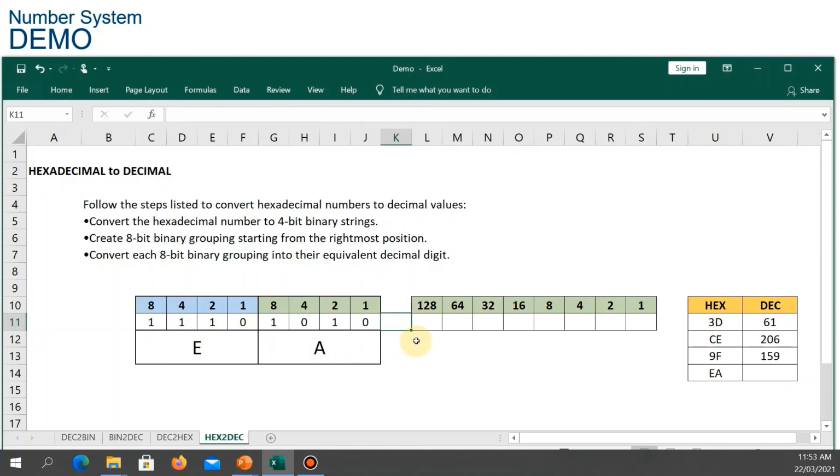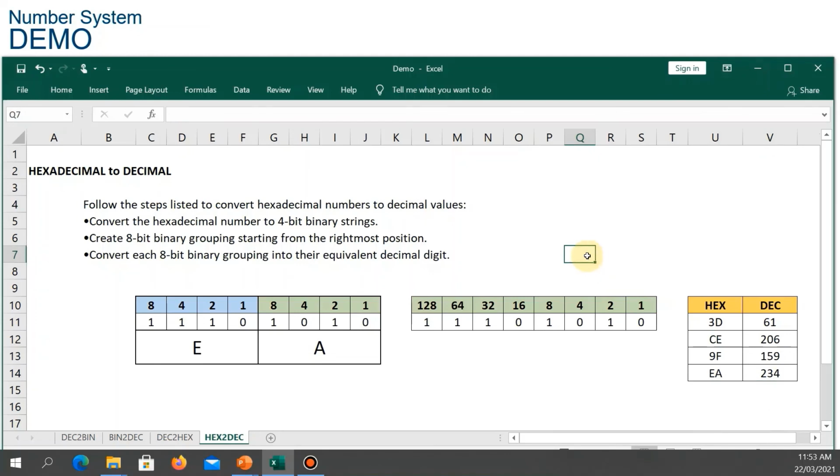Now the 8-bit equivalent would be 1, 1, 1, 0, 1, 0, 1, 0. And then add 128 plus 64 plus 32 plus 8 plus 2. That would yield 234.